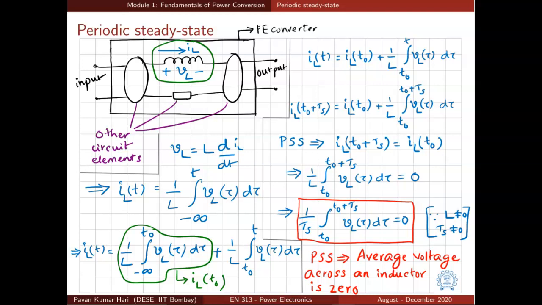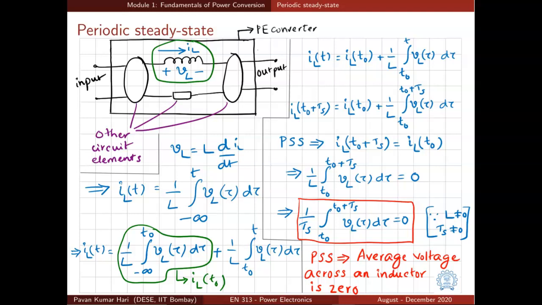IL is the current through the inductor and VL is the voltage across the inductor. The power electronic circuit is shown here schematically. So there are other circuit elements that are also present in the power electronic converter. However, we are looking at one particular inductor, and the current through the inductor is IL, the voltage across the same inductor is VL. How are VL and IL related?